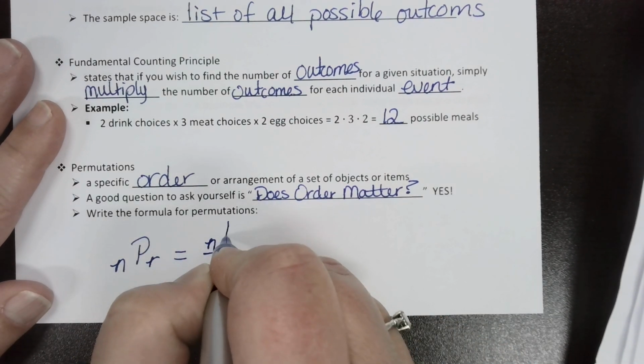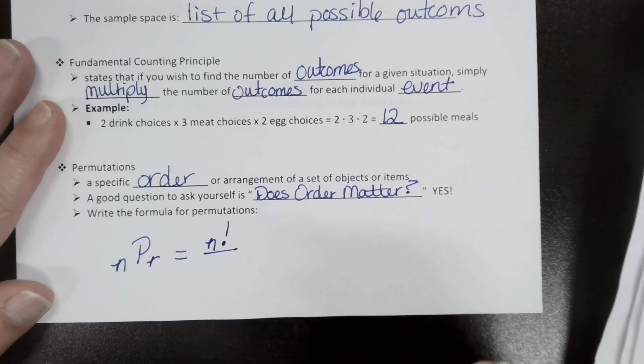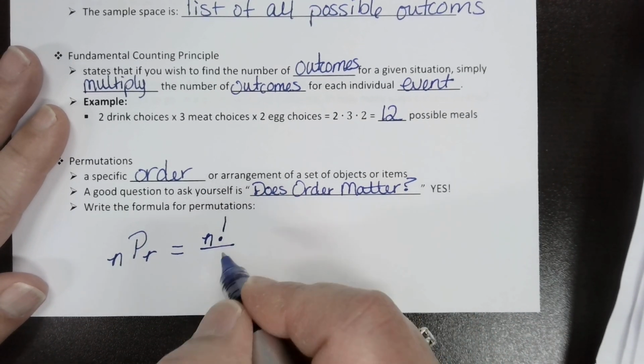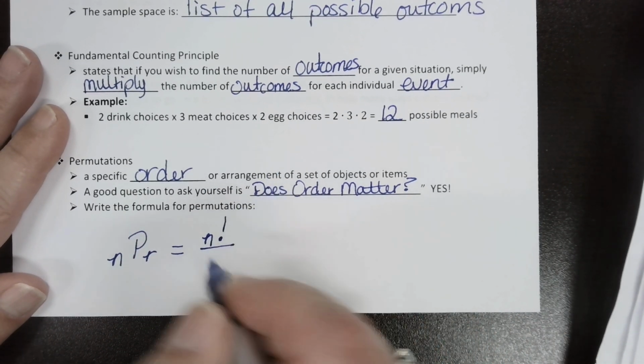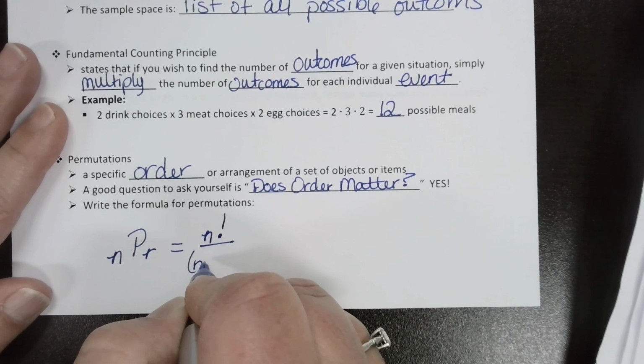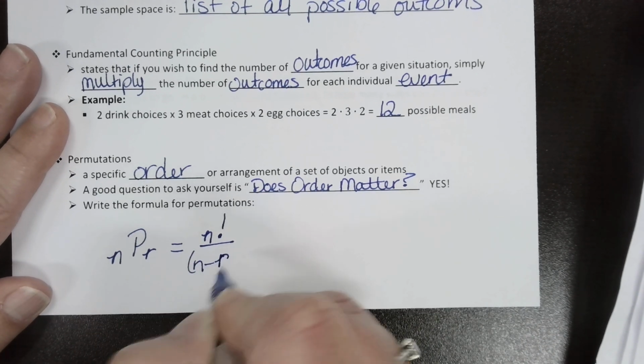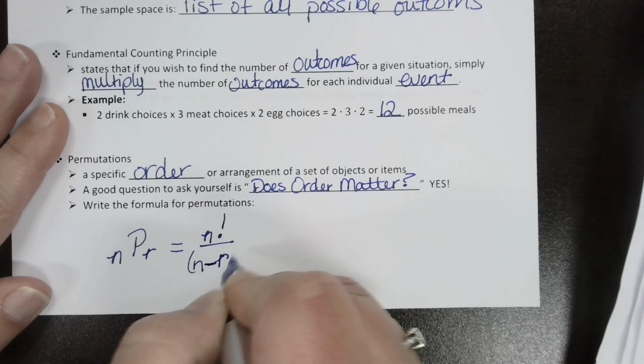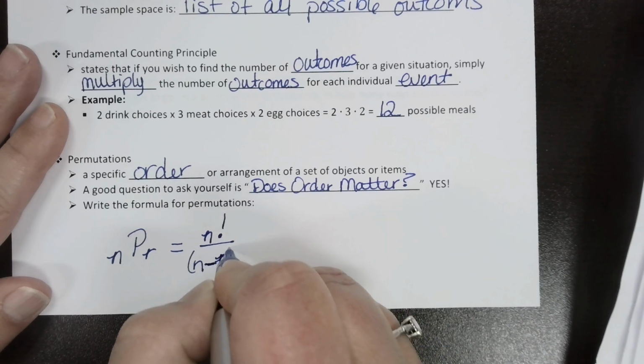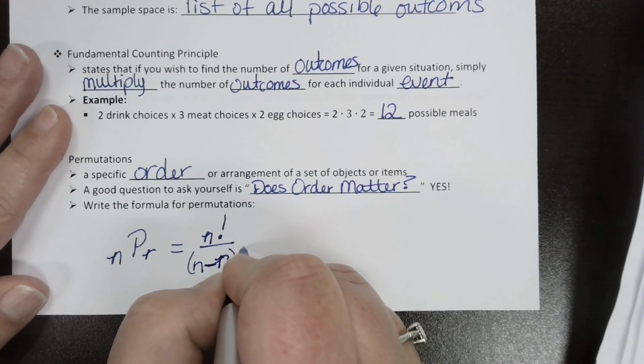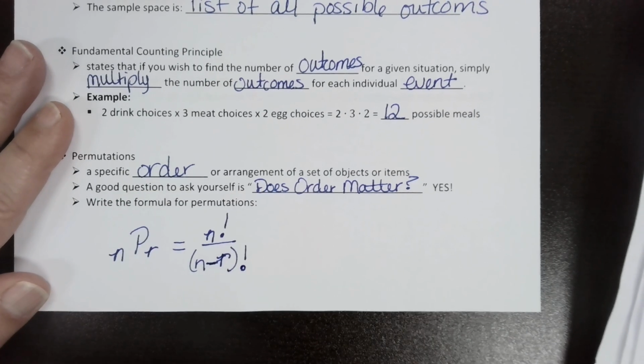Also, beside this n, you're going to see an exclamation point, and we're going to have to talk about that because it may be new to some of you. This is n minus r, and it's lowercase r, all times this multiplication mark.